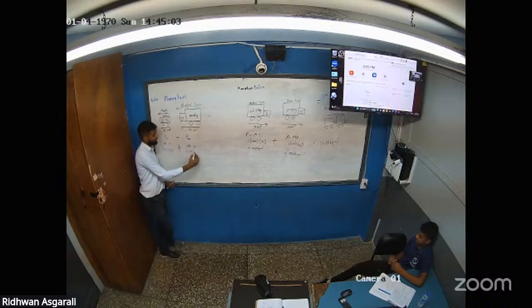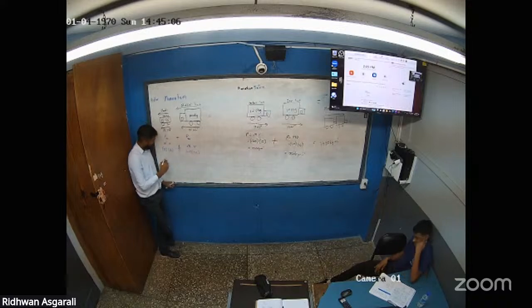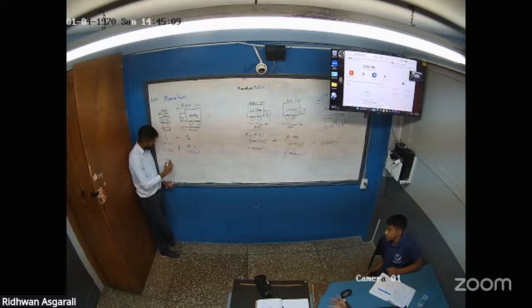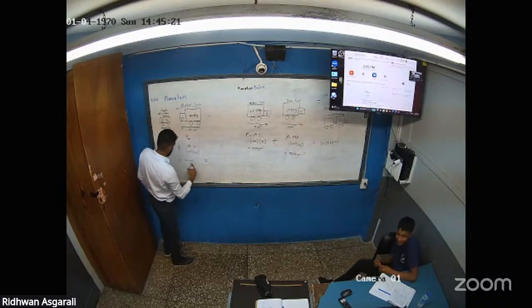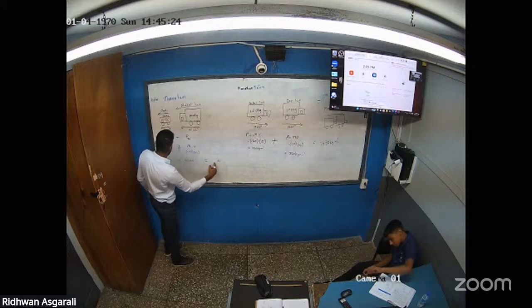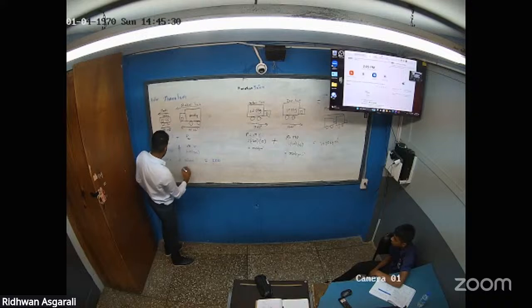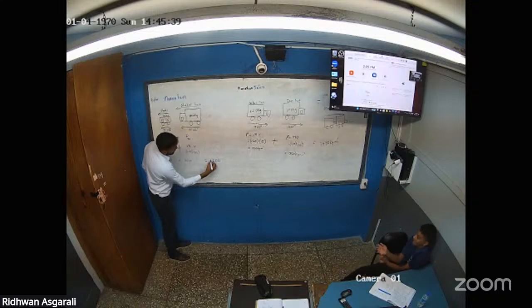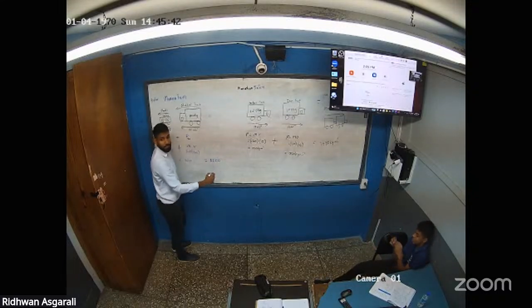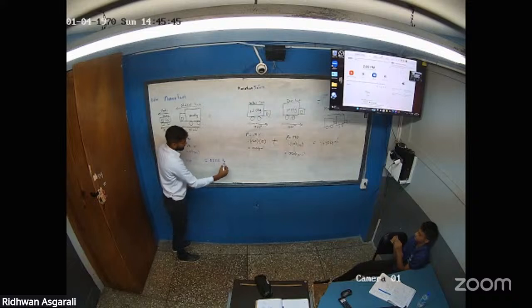So here we get 25 by 25 plus the truck's momentum, and the momentum after collision is 5,250. Oh yes, I put an extra zero, my bad. 5,250, and what are the units?